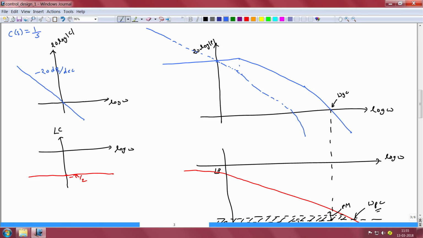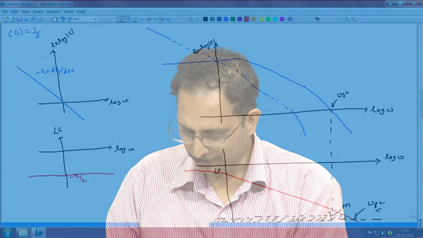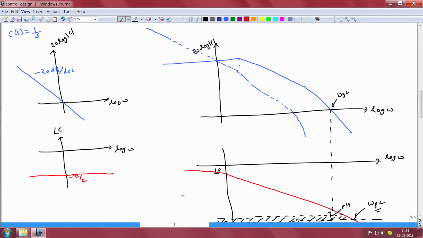As far as the phase characteristic is concerned, we note that the phase characteristic of the integrator simply adds minus 90 degrees to the phase characteristic of the already existing plant. So, the phase characteristic of the open loop system is obtained by simply pushing down the phase characteristic of the plant by minus 90 degrees. So, the phase characteristic of the open loop system might look something like this, and it starts at minus 90 degrees or minus pi by 2, and then it decays down in a manner that is dictated by the phase characteristics of the plant itself.